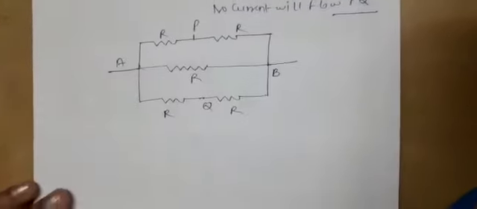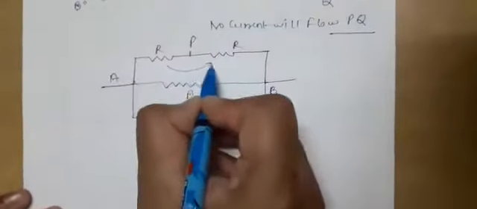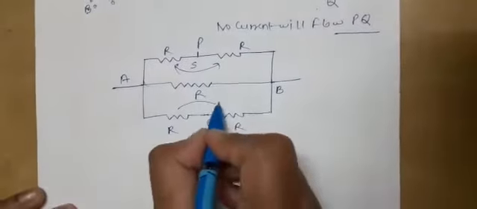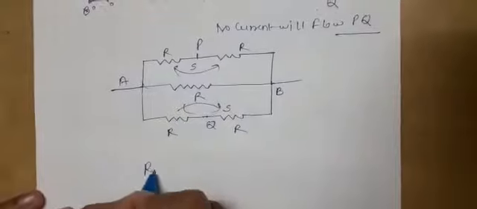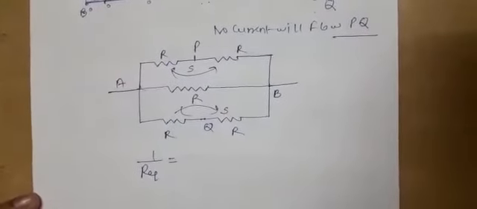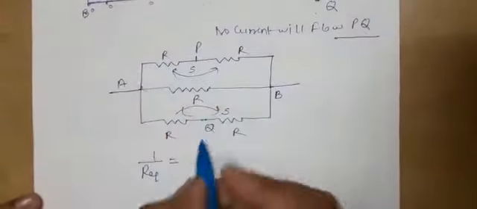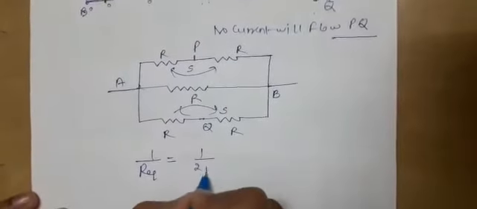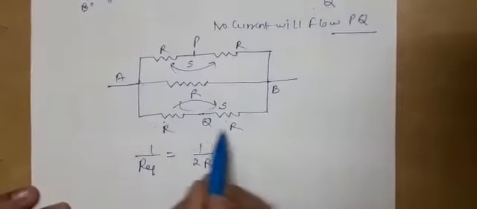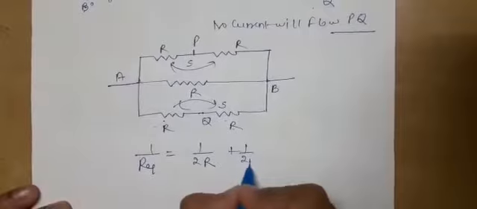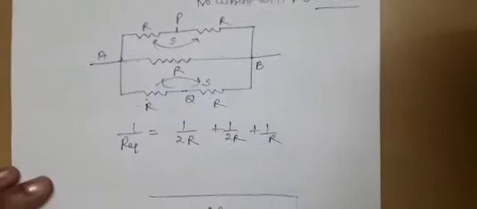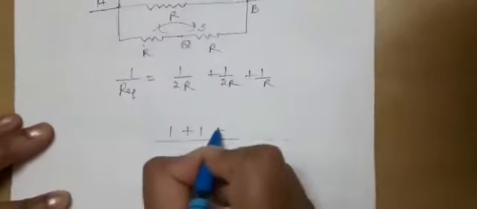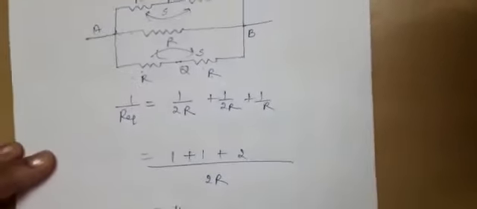So what is the simplest method to solve it? These two are connected in series. These two are connected in series and this is in parallel with R. So I am taking its equivalent by the short method: as these two have resistance 2R, R plus R, 1 by 2R. This is having resistance again 2R, 1 by 2R, and this is R. So now you can easily find the LCM, 1 plus 1 plus 2, 4 by 2R.